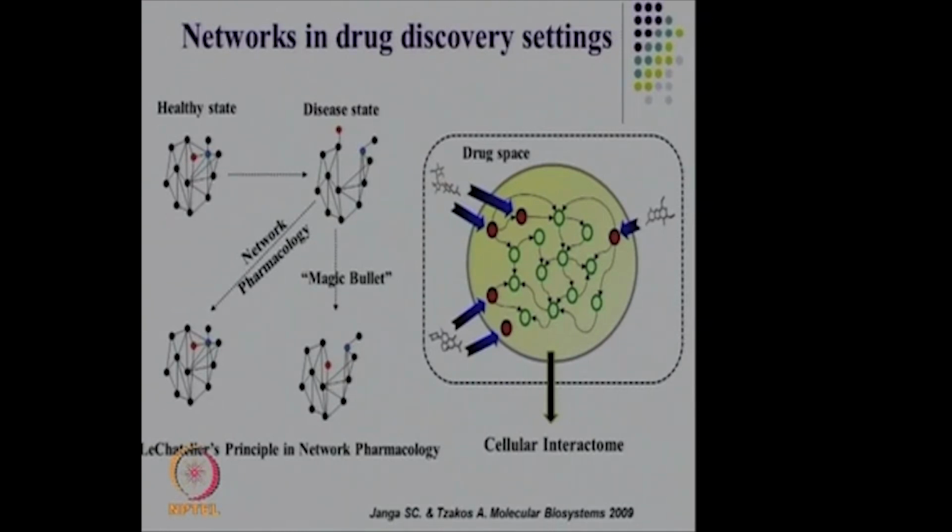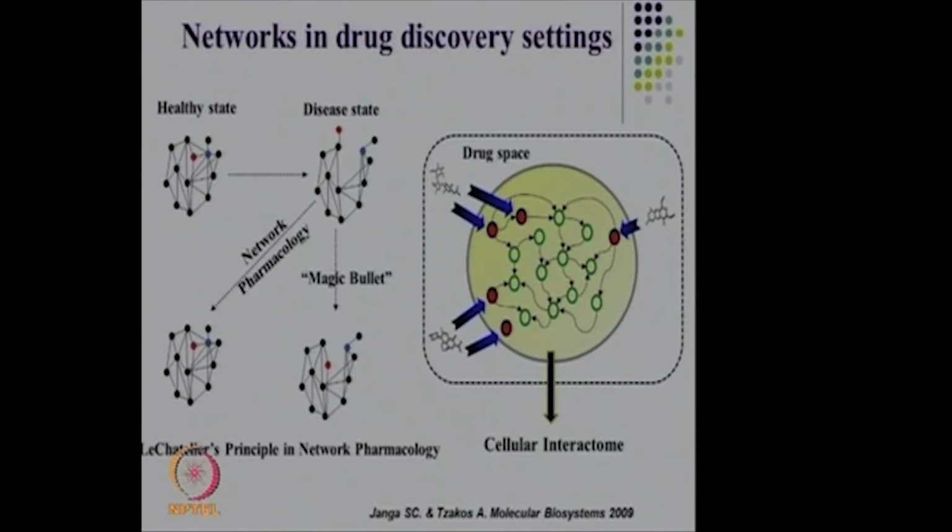According to the idea of Paul Ehrlich and others, the magic bullet approach suggests that the conversion of disease state to the healthy state should involve one, or most likely one, particular drug which is non-promiscuous and specific to a particular drug target, so that you have minimal off-target effects.